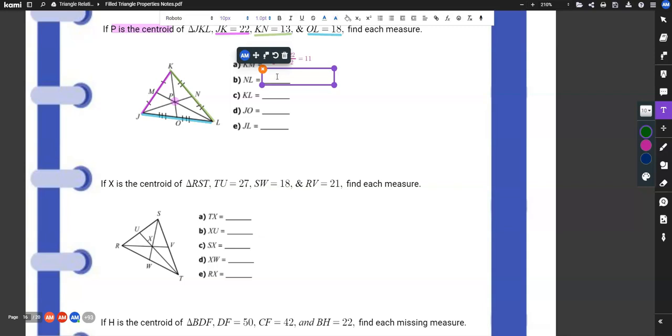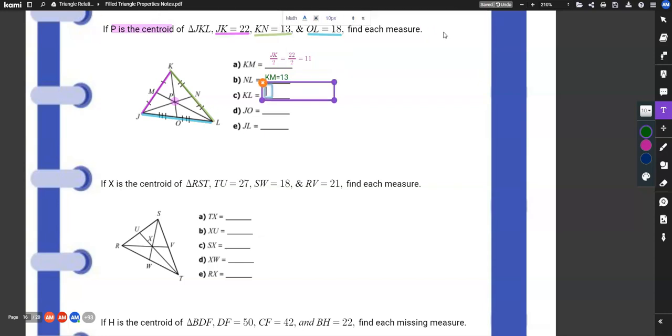NL is going to be the same as KN because we see they're marked congruent. So NL is equal to KN, which means it is going to be equal to 13. KL is the full side length, and so therefore it is going to be equal to 2 times the length of KN. So that's going to be 2 times 13, which will give us 26.